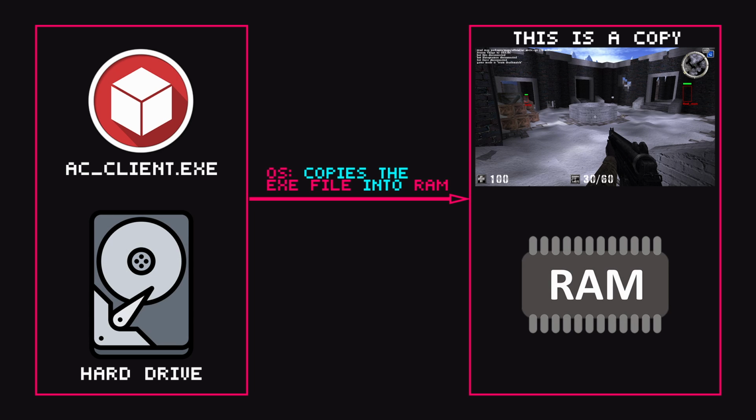Alright, we are ready to really delve deeper into virtual memory. Remember this image? For the sake of this video, we will assume that you are using the 32-bit version of a game, for example, Assault Cube. But what does 32-bit mean? Well, basically, the bit size refers to the memory it can access. We've got 32-bit and we've got 64-bit.